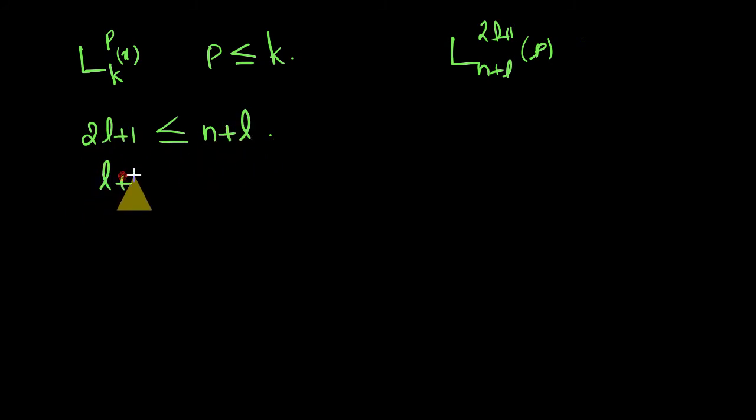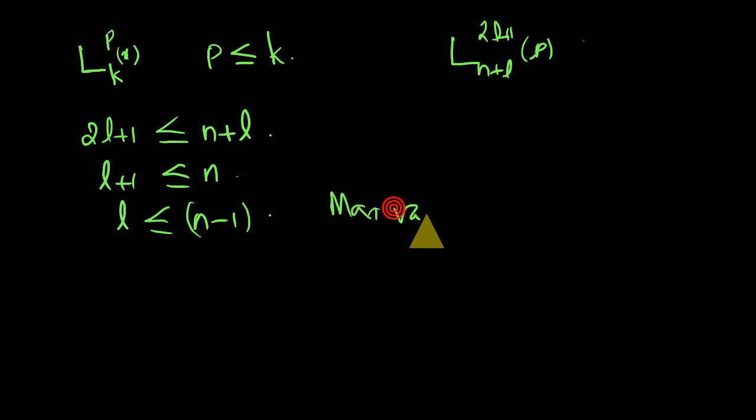Then we have l plus 1 less than or equal to n, or we can write l less than or equal to n minus 1, right? So l is less than or equal to n minus 1. What is the meaning of that? l can have a value equal to n minus 1, or its value should be less than n minus 1. It means the maximum value of l is equal to n minus 1.